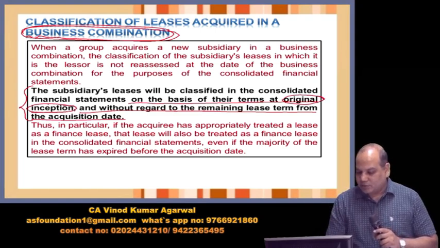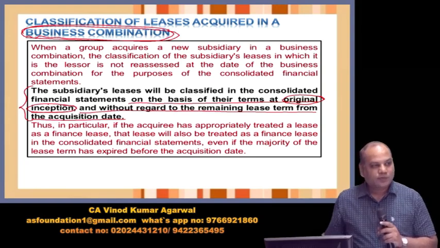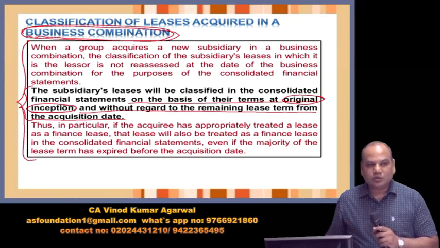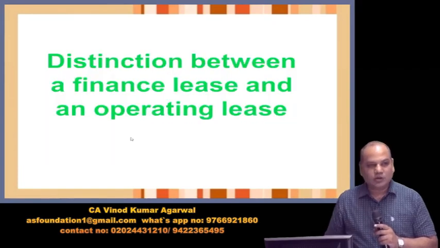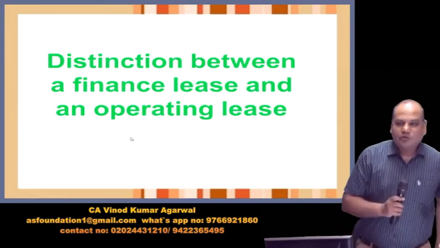Thus, in particular, if the acquiree has appropriately treated a lease as a finance lease, that lease will also be treated as a finance lease in the consolidated financial statements, even if the majority of the lease term has expired before the acquisition date. So the summary of this big paragraph is, you will follow the same classification which the acquiree had followed. Okay, don't change it now.